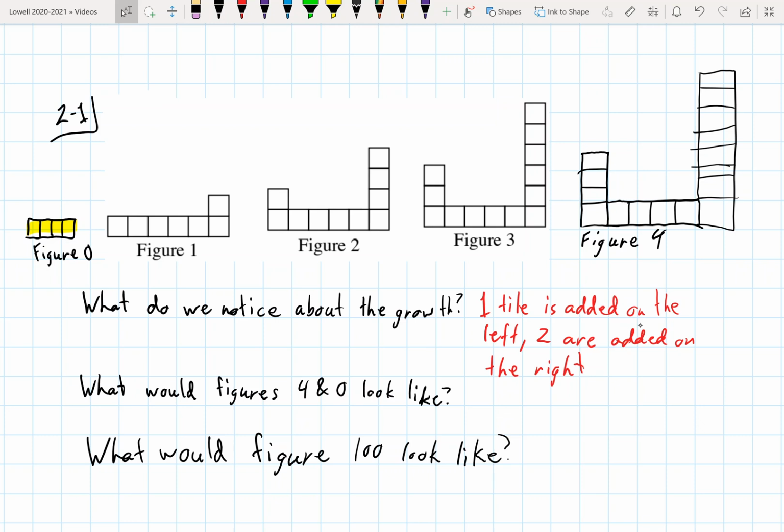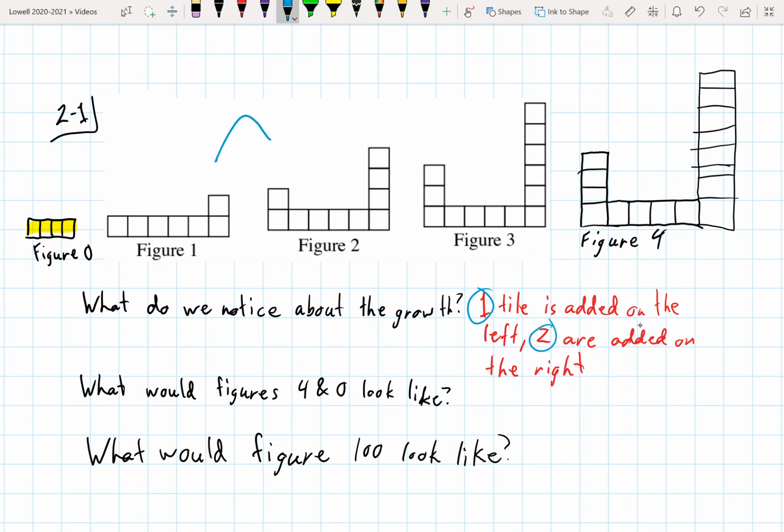Alrighty, so what I've done here is I've just cleaned up our existing tiles, because I think it's going to help us kind of get our thoughts organized. And so we notice that the tile pattern grows by the same amount. It adds 3 total because it adds 1 on the left and 2 on the right.